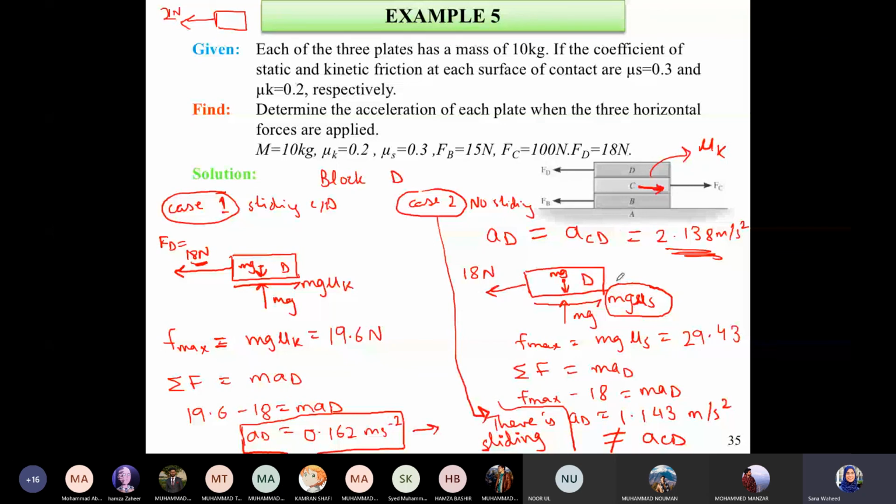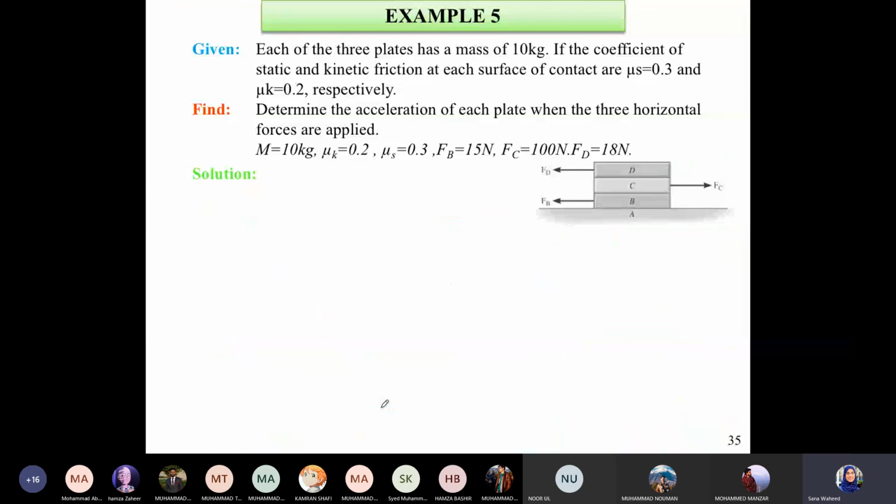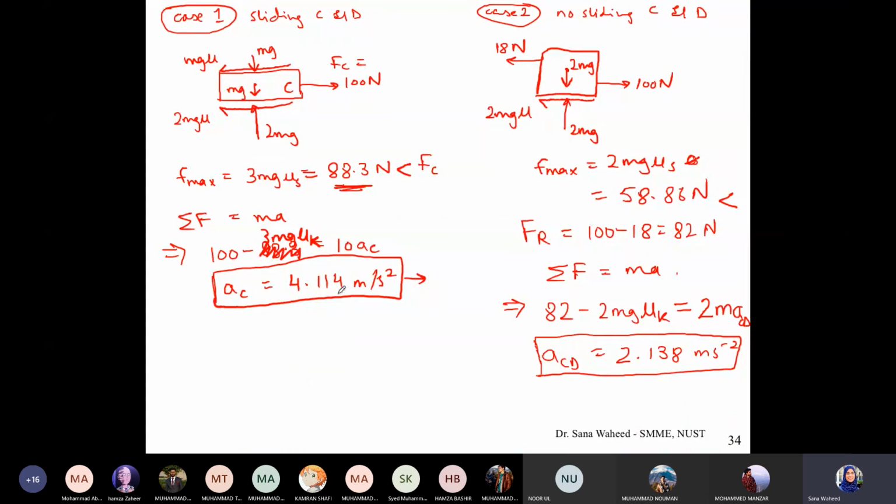Because when it's not sliding, फिर इसका मतलब the maximum value that it can take is this mg mu s आपस में। So when I use that static friction, it turns out कि D का acceleration की जो value आती है, that is less than the total acceleration of C and D taken together, which means कि this friction is not enough to keep D stuck onto C, and instead actually क्या होगा कि there will be sliding between them, और अगर sliding हो रही है तो फिर we jump to our case 1, which means कि case 1 was the true case, that's what's going to happen physically, where the accelerations of each of these separate blocks then turn out to be कि a_D की ये acceleration होगी to the right, लेकिन much less than the acceleration of C to the right, जो कि it's much larger। ठीक है जी, so I hope it's a little bit clear.